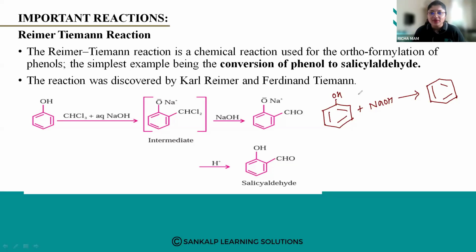In the first step, O is minus and this H is plus. Now Na plus replaces H plus, so it will be O minus Na plus. It is called sodium phenoxide.